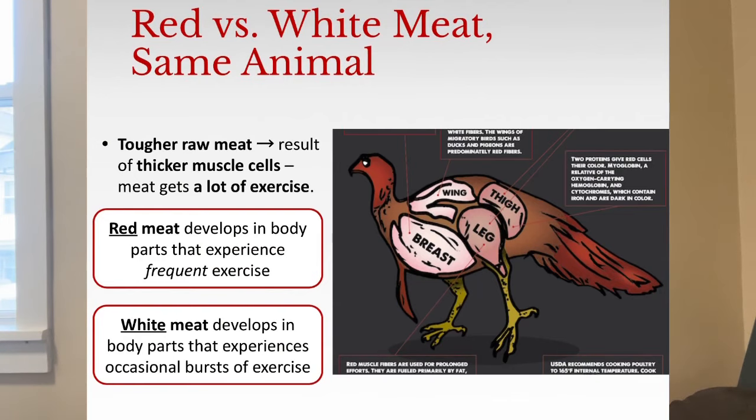Whereas white meat gets occasional burst of exercise and isn't used frequently, so it's not needing as much of that oxygen carrying hemoglobin, which cause it to have a darker color. So the thicker the muscle cells mean that they get a lot of exercise. And because of that, they're going to have a more reddish or darker color appearance in the actual meat.